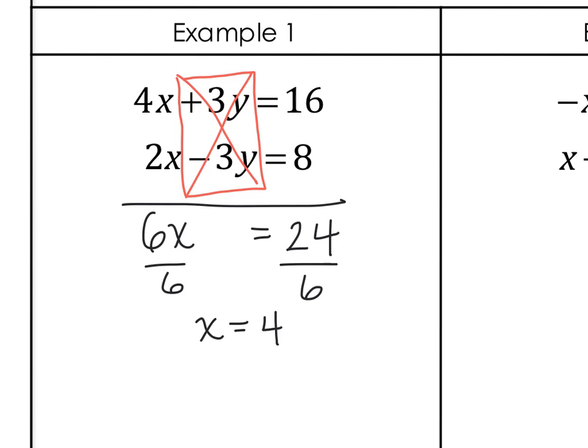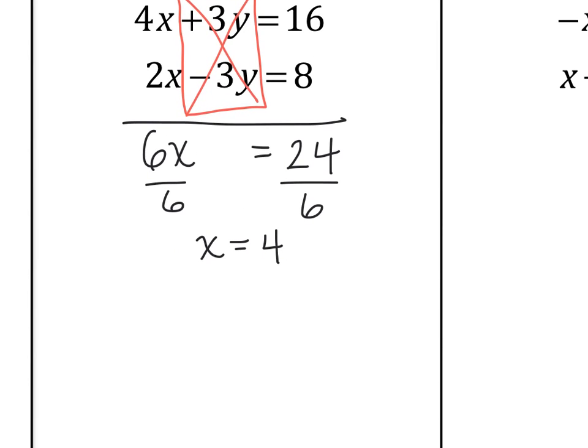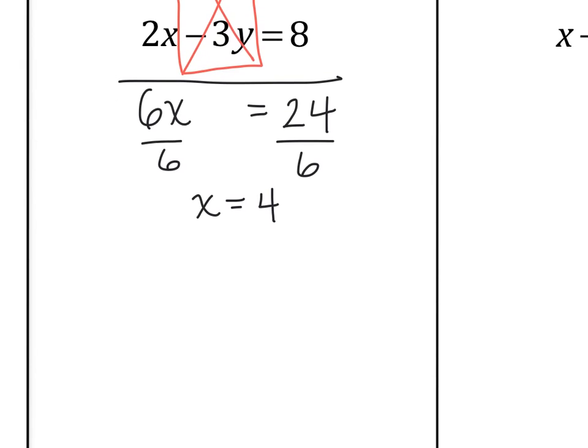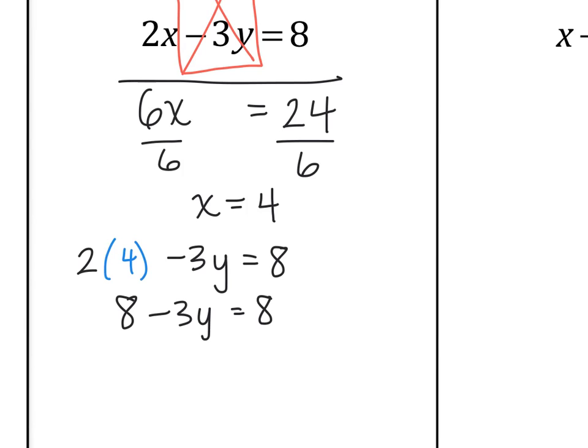That's half my solution. So now I'm going to plug that back in to either equation. It doesn't really matter. Both are about equal in difficulty, so I'm just going to plug it into this one. 2 times 4 minus 3y equals 8. So 2 times 4 is 8, minus 3y equals 8.